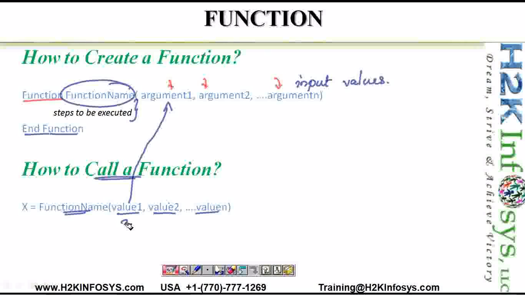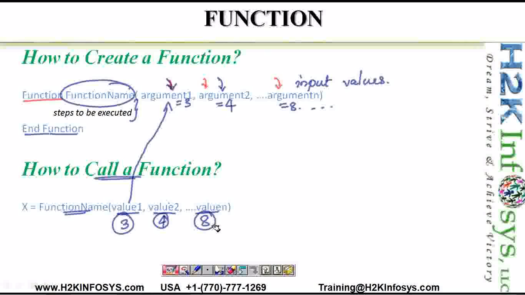For example, if I write here 3 and this is 4 and this is 8. So this value 3 is entered here in the argument 1 equal to 3. The value 4 is passed here into the argument 2. The value 8 is passed in the argument 3, and so on.